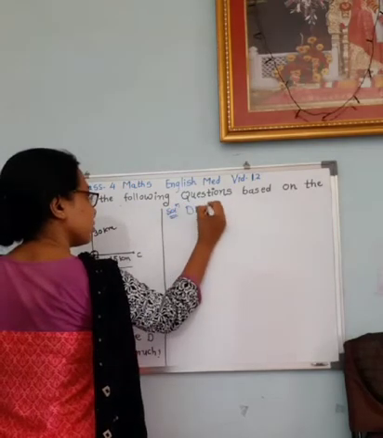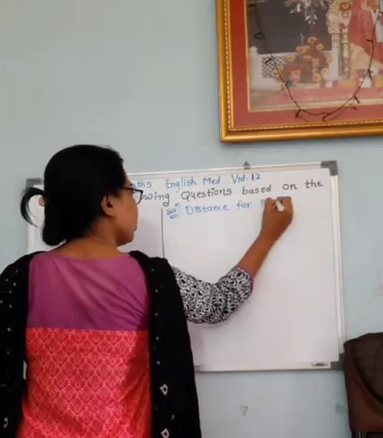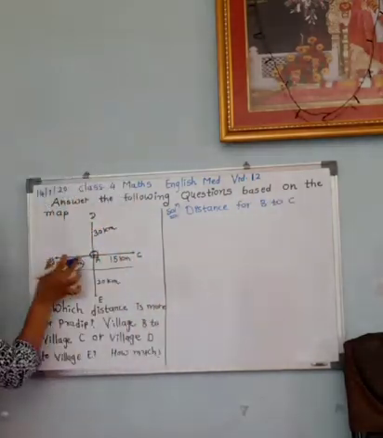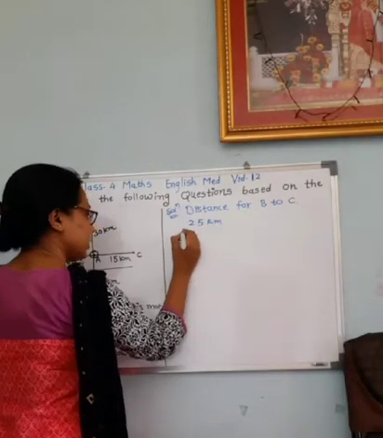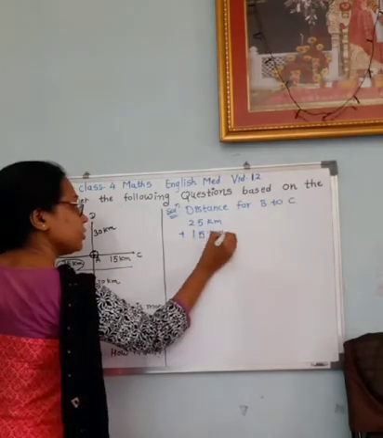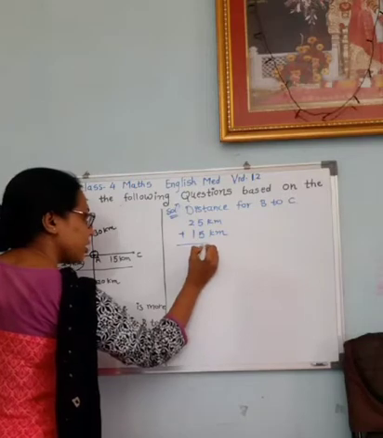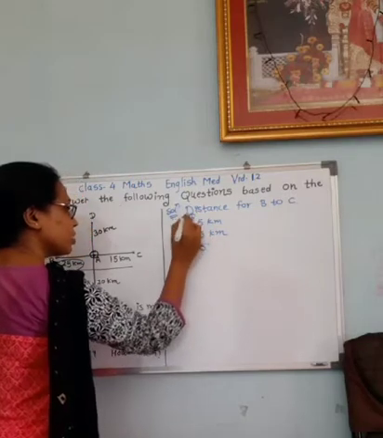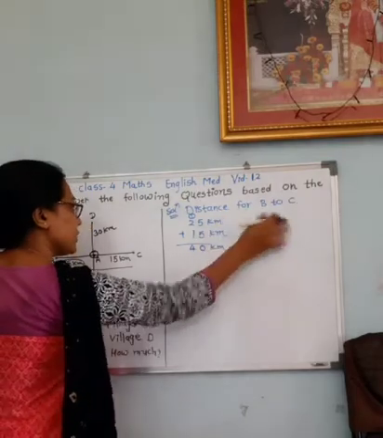Distance for B to C. Now B to A 25 kilometer plus 15 kilometer. So you got it, the distance for B to C. 5 plus 5 10, carry over 1, 2 plus 1 3 plus 1, 4. 40 kilometer B to C.